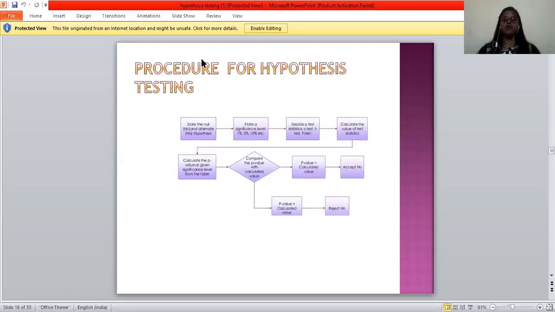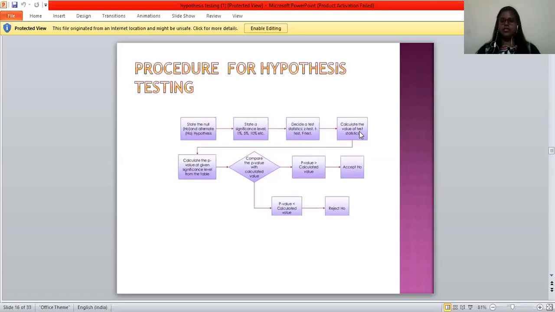Now this is the protocol or procedure for hypothesis testing. First important step is to set up the null hypothesis and alternative hypothesis, followed by setting up the level of significance, which is a risk factor associated with rejection. Then decide the test, whether it is Z test, T test or F test to be followed.